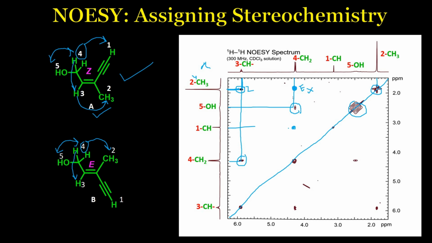I was expecting this cross peak because of the fourth proton's interaction with the 1, but I didn't see it. This question comes into my mind. Therefore, I decided to draw this molecule in Avogadro software and check the distance between 4 and 1. So let's see the Avogadro software now.